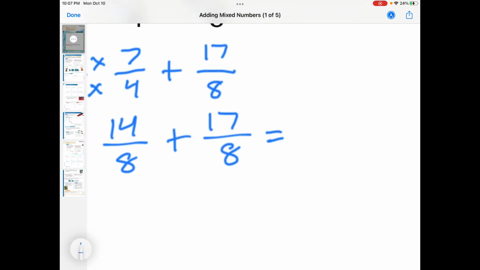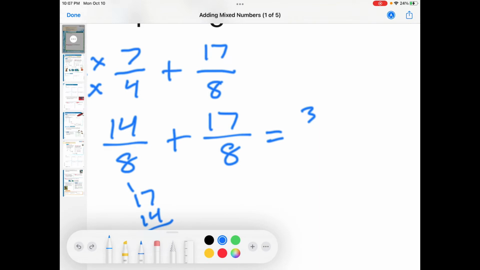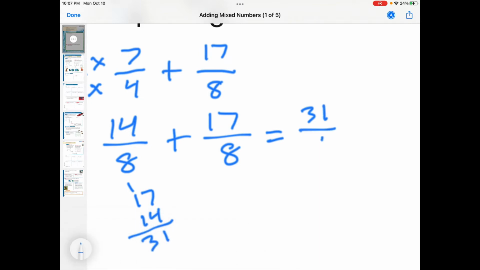I'm going to have to do some math over here. 17 plus 14: 7 plus 4 is 11. Carry the 1 up there. That comes down, so 31. I'm going to have 31 over 8.